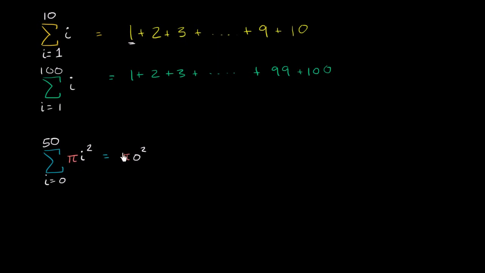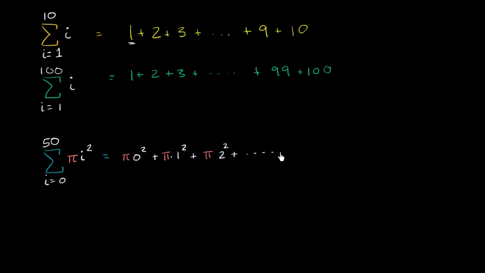So plus pi times 1 squared. Well, is 1 our top value where we stop? No, so we keep going. So then we go i equals 2. Plus pi times 2 squared. I think you see the pattern here.